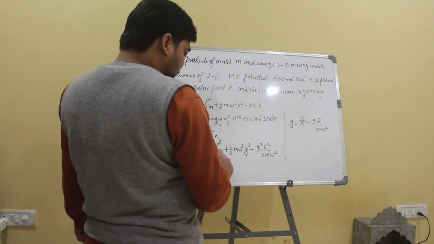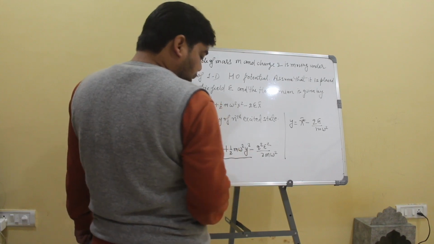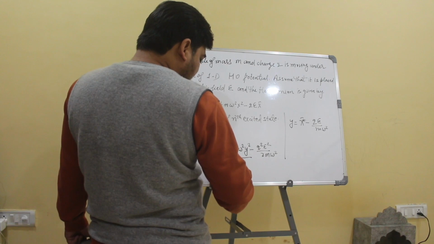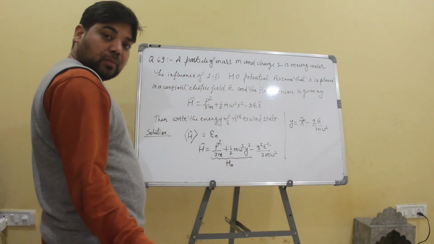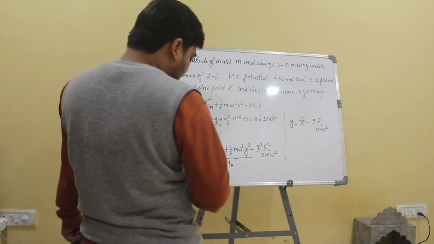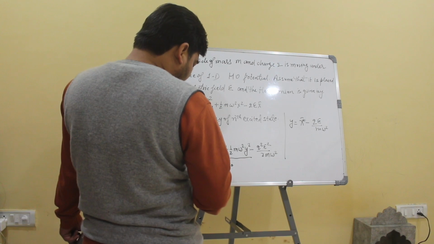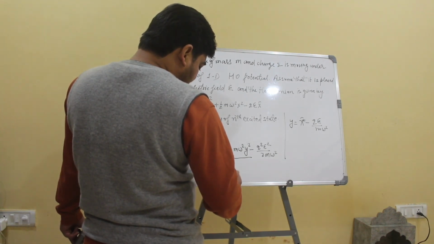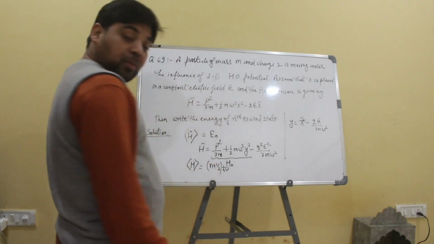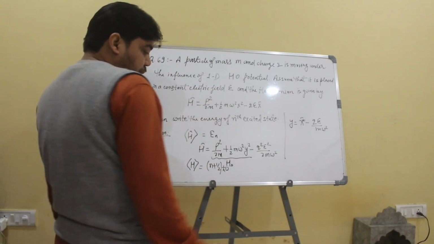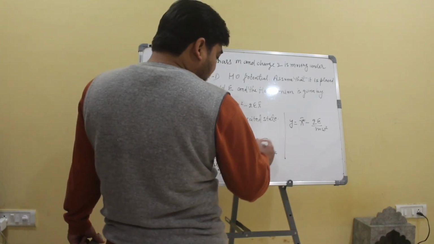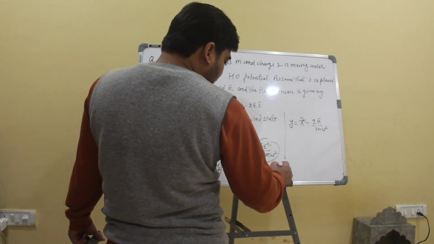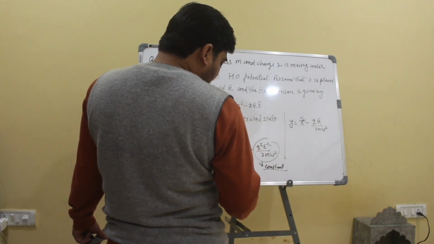Now, if you calculate the expectation value of this, it is nothing but the H naught of the usual harmonic oscillator. So its expectation value is n plus half h cut omega, where omega is the frequency of the oscillator, and this other term, which is a constant, will simply be added.